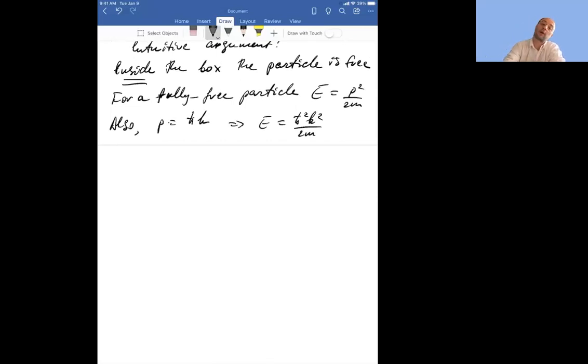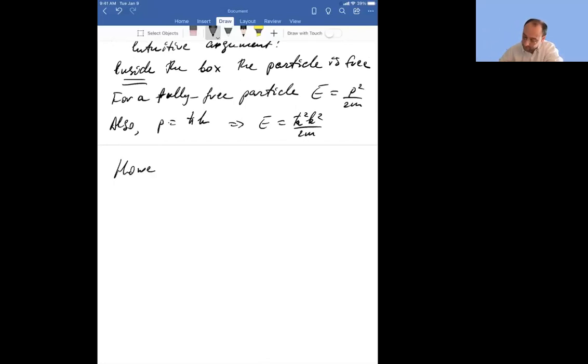So if a free particle is described by a wave function with a particular wave number, the kinetic energy of that freely moving particle would be given by this formula in terms of that wave number. So that much is true.